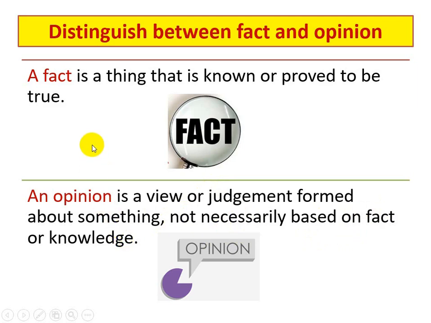So the proven things can be facts, but opinions are not proven yet. An opinion is just a judgment, something subjective, while a fact is something objective, as will be dealt with in the comparison afterwards.